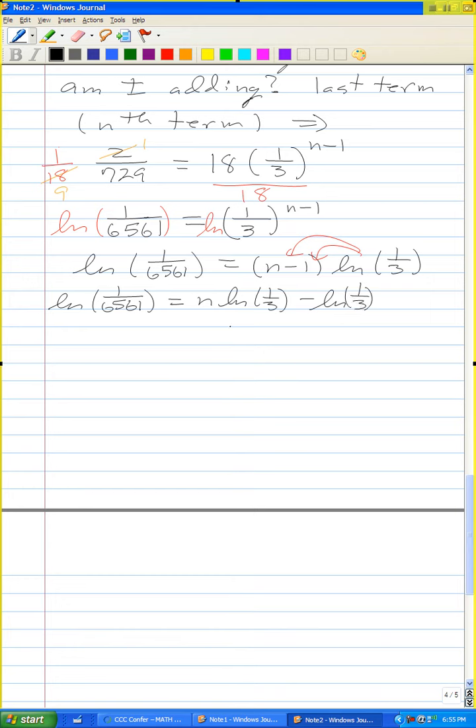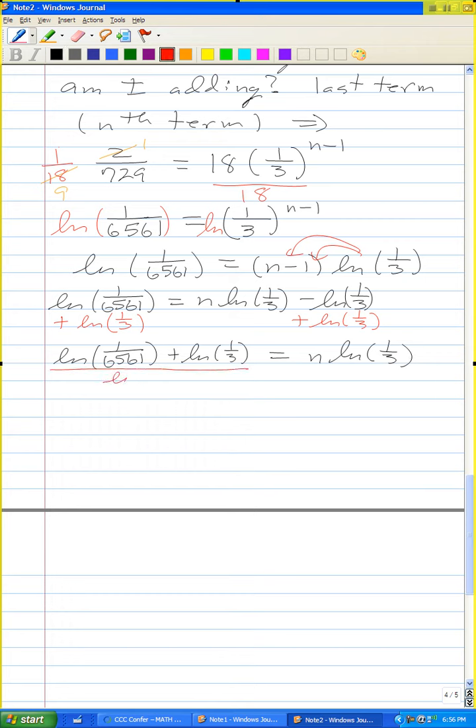And so add ln 1/3 to both sides of my equation. And so I get ln 1 over 6561 plus ln 1/3 equals n ln 1/3. Divide both sides of my equation by ln 1/3.